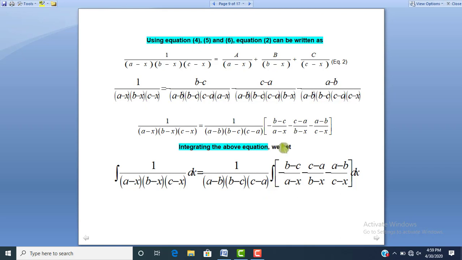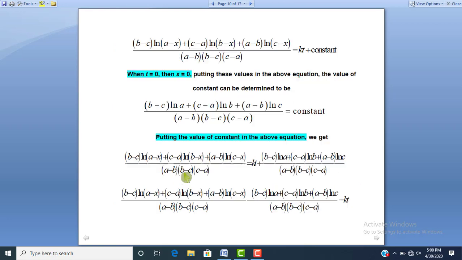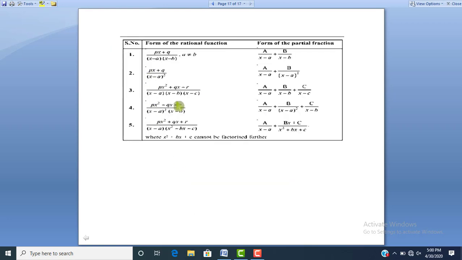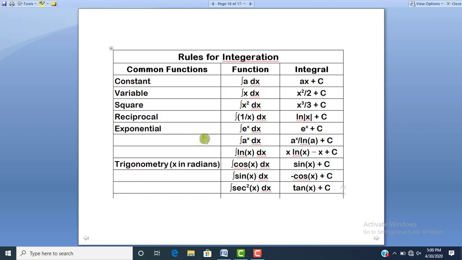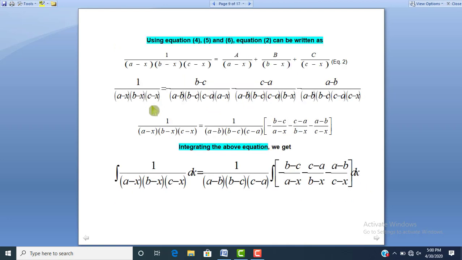Integral of (b minus c over a minus x) minus (c minus a over b minus x) minus (a minus b over c minus x) into dx. When we apply the rules of integration, as I have mentioned at the end of this lecture, you will be able to find the terms here.